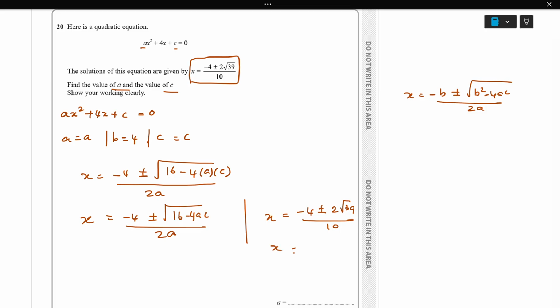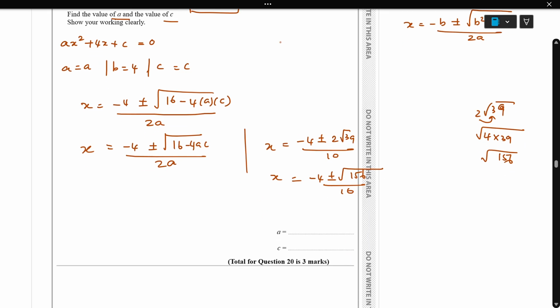So what I'll do now is bring the 2 inside the square root. So minus 4 plus or minus the square root of 2 root 39. When I bring this 2 inside, it becomes 4. 4 times 39 is 156, so I can write the square root of 156 over 10.